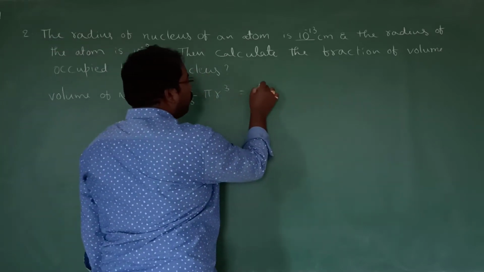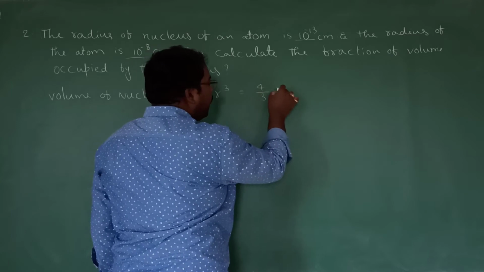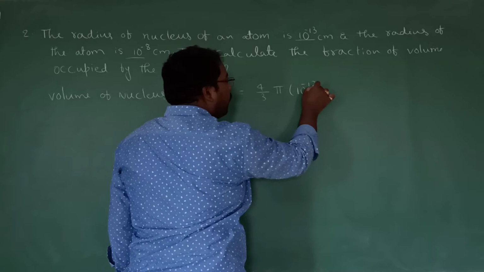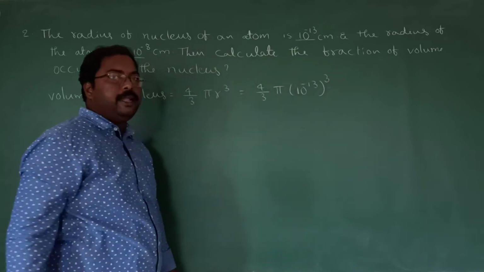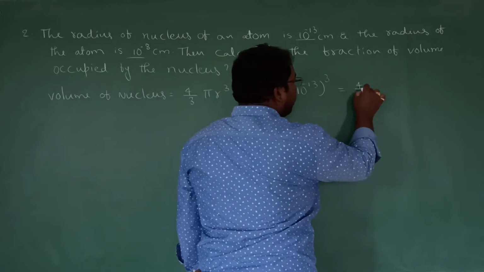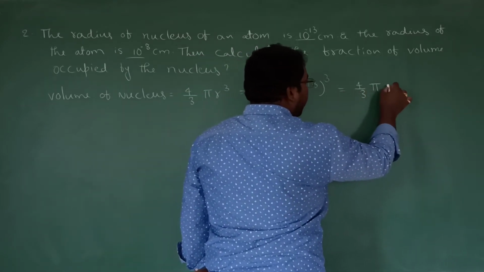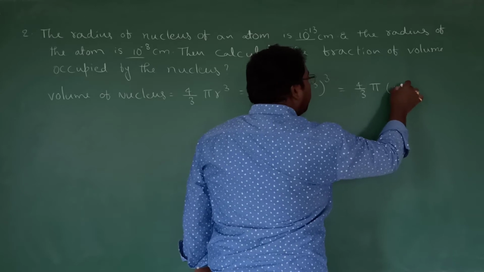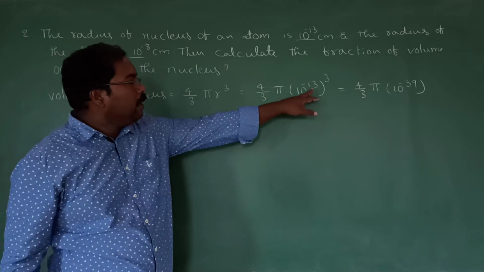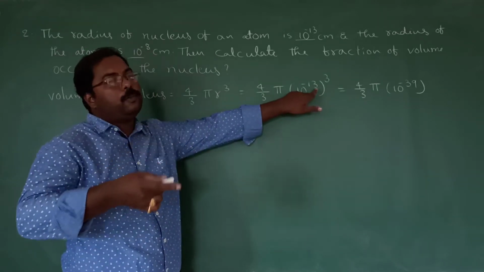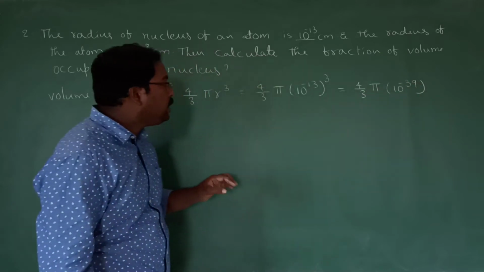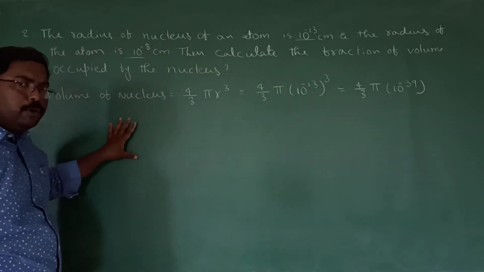So 4 by 3 pi, and the radius of the nucleus is given as 10 to the power minus 13. So the value will become 4 by 3 pi into 10 to the power minus 39, since 10 to the power minus 13 whole cube. That is the volume of the nucleus.